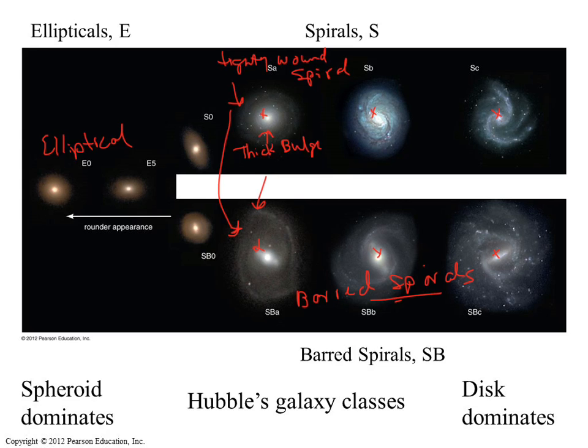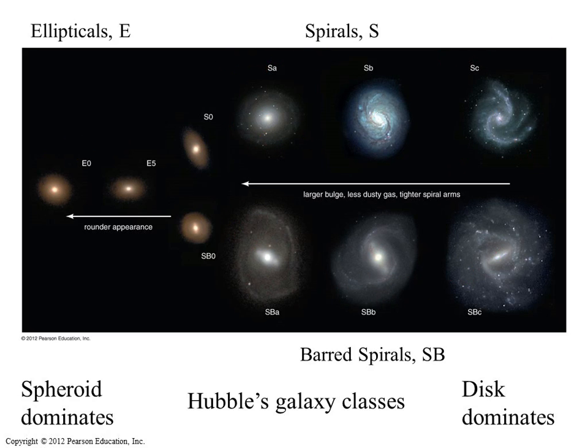And then the other extreme: these are loosely wound arms, both the spirals and the barred spirals, and they have a relatively thin bulge. Exactly. Thin bulge, thick bulge. Oh, see, it was on the next slide.